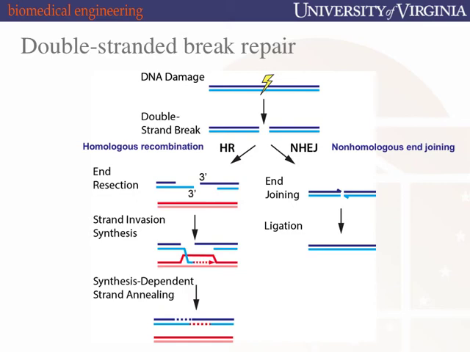And so what it's going to do is it's going to look for the complement allele on your other chromosome. And so what it'll do is it'll use that. You can see here, the second allele will undergo this process known as strand invasion. And so it's going to invade here into this damaged section.